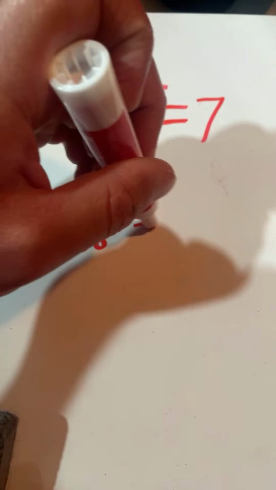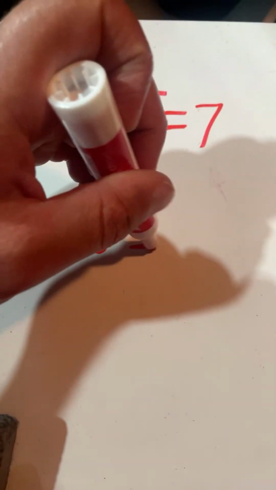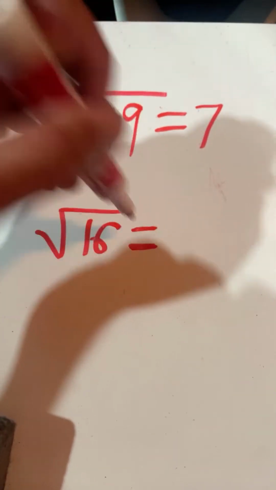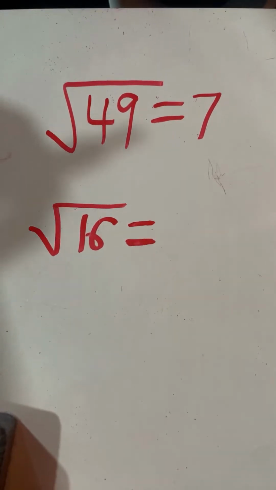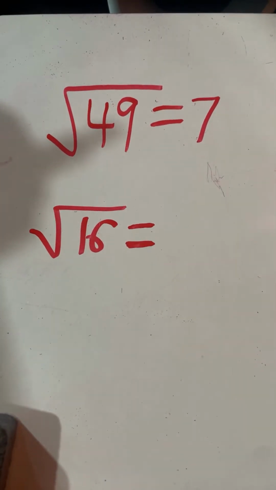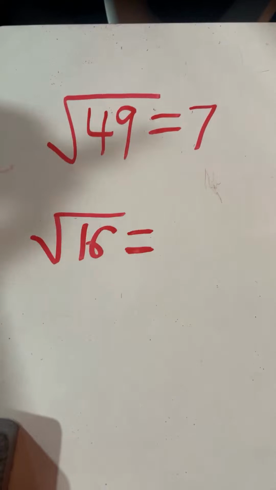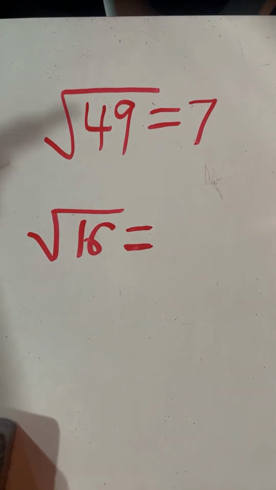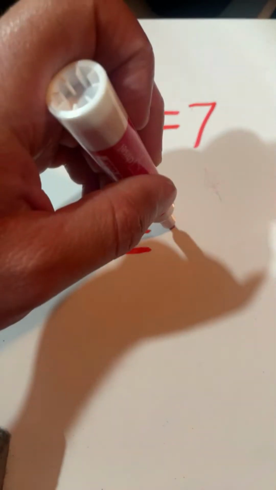Now we're looking for the square root of 16. What number multiplied by itself equals 16? 4 times 4 equals 16. So the square root of 16 equals 4.